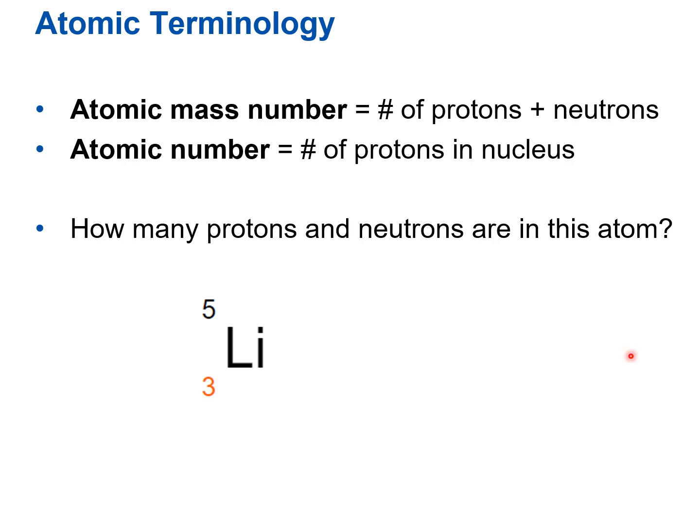So let's look at this. Let's quiz ourselves here. How many protons and how many neutrons are in this atom? So this is lithium. Its symbol is Li. And now I'm adding something new here. I haven't shown you this before. If there's a number in the lower left hand of the symbol, that is the atomic number. Now, oftentimes we don't have to write that.